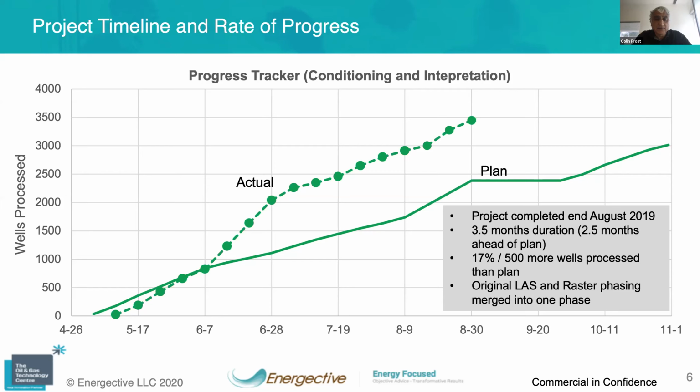And the reason for that, one of the reasons, was we originally phased the conditioning separately for LAS and raster logs, and we managed to collapse that into one. So we were delighted to move fairly quickly. If you move to the next slide, please, John.